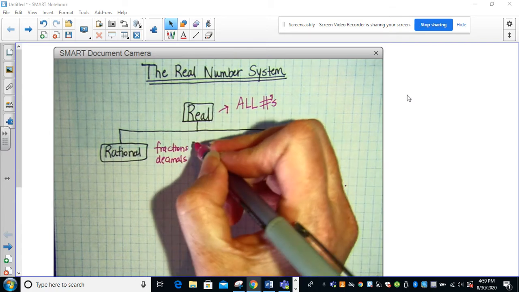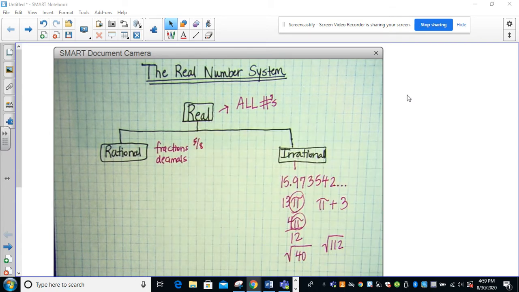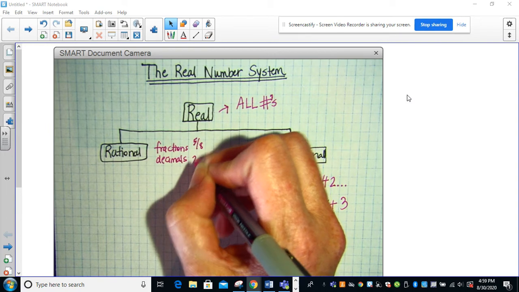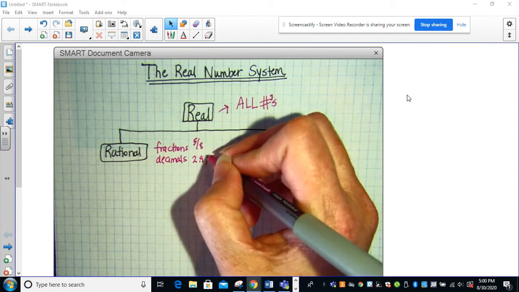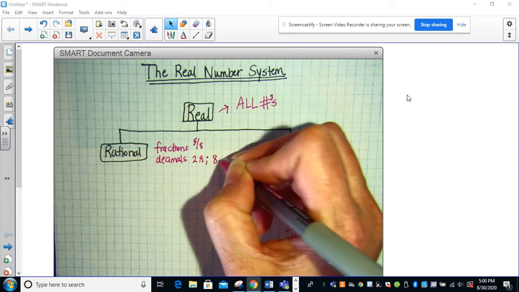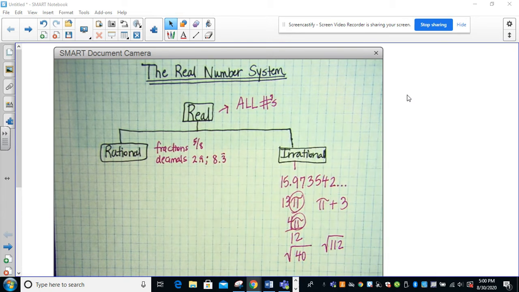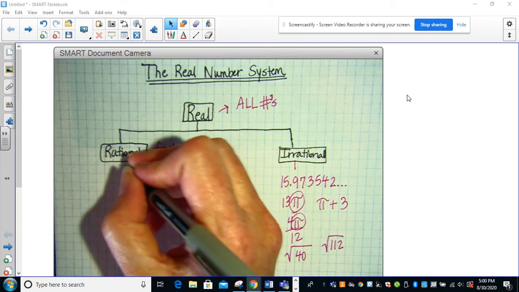So a fraction like 5/8, or a decimal like 2.9, or 8.3 repeating. Repeating decimals are okay. They're rational. Remember, only these crazy dots are irrational. So then we have some categories under rational that we can subdivide.